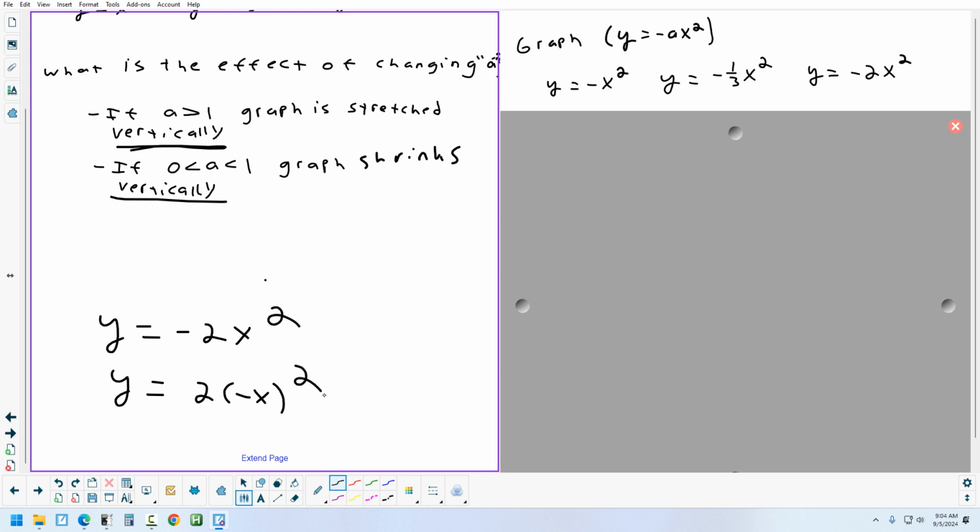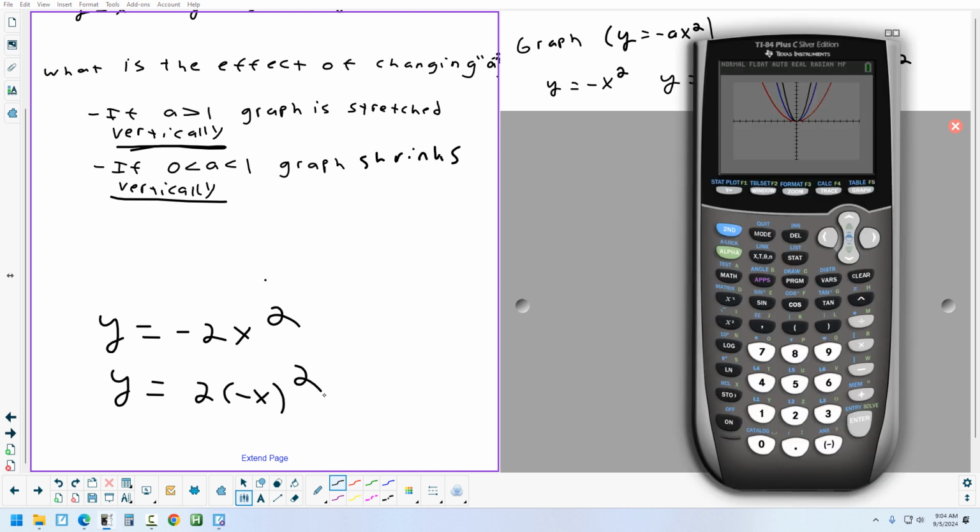One of them has a negative in front. The other one has a negative inside the parentheses, attached to the x variable. They're both parabolas, but they're a little different. So let's see what happens when you put a negative in front.